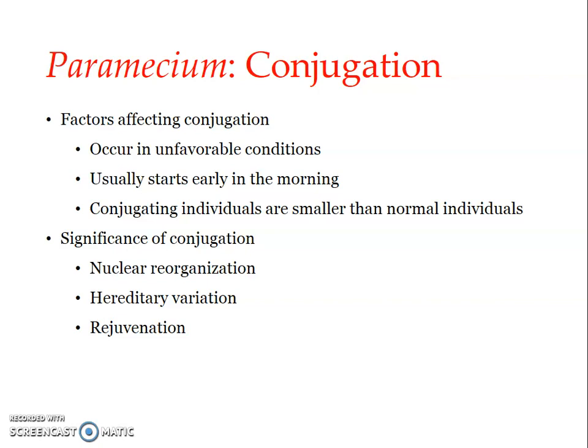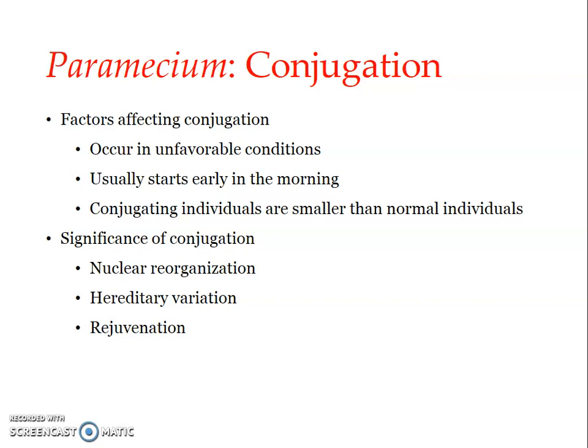So repeated binary fission will usually result in losing of vigor among the paramecia. So after continuous repeated binary fission, usually the paramecium may have to undergo conjugation to get rejuvenated.